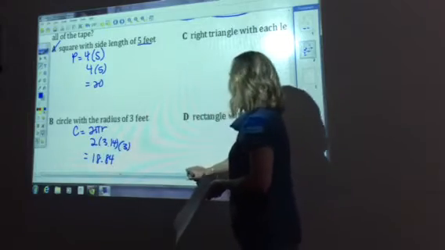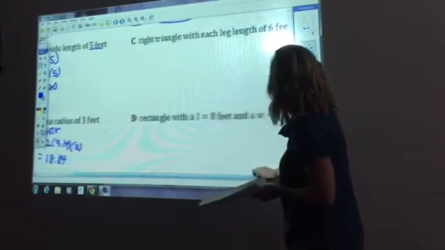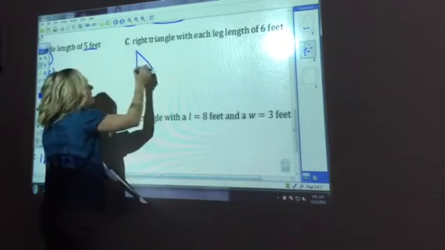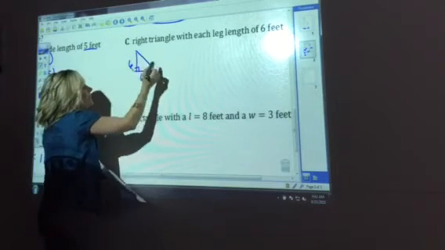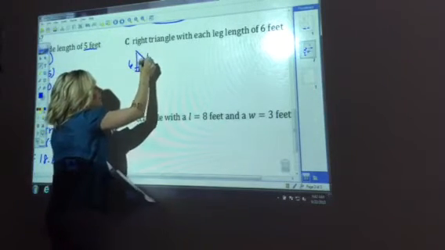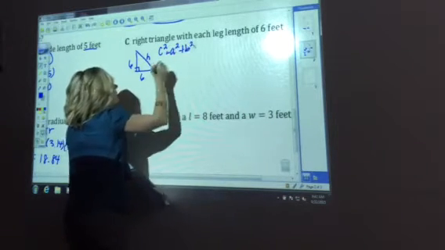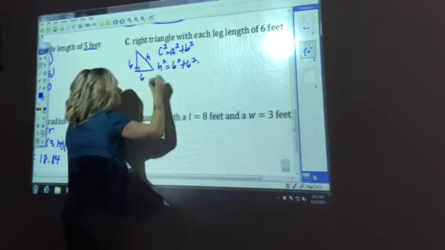Let's look at C. On C, it has a right triangle with each leg length of 6 feet. Doing the Pythagorean theorem to find my hypotenuse, we have c squared is equal to a squared plus b squared. So h squared is equal to 6 squared plus 6 squared.